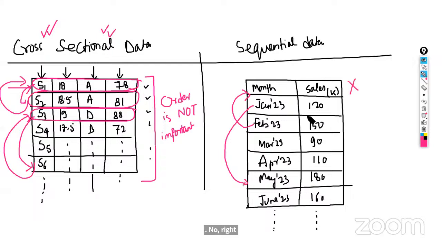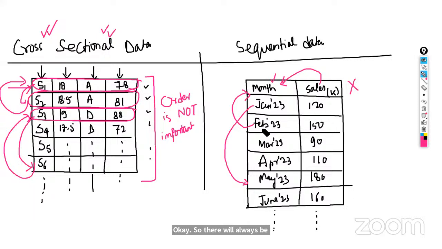Because this data is with respect to some time variable, and here the time is month. So the data is indexed by time, and you can't shuffle the time. There will always be the Jan month before Feb.